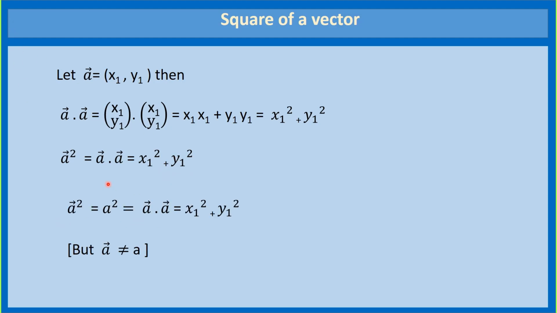This is the square of a vector, where square of vector A is equal to A square, that is equal to x1 square plus y1 square. But we have to understand that vector A is not equal to A. But we can write square of vector A is equal to A square.